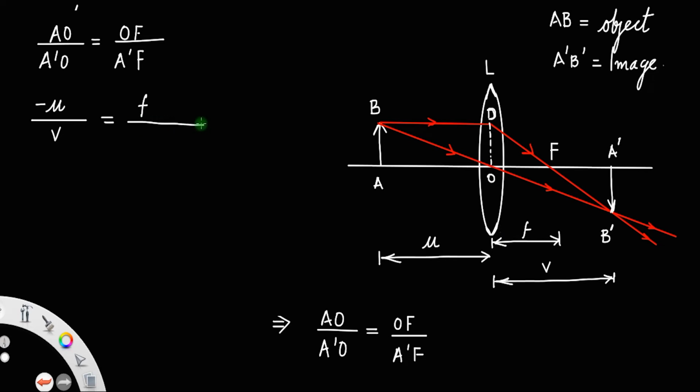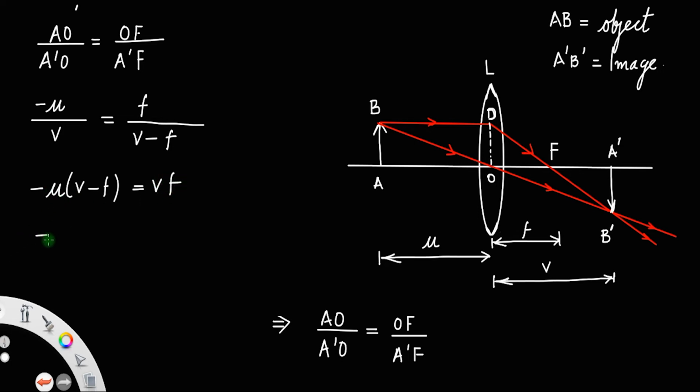What about A dash F? Look here. It's actually V minus F, or the distance OA dash minus OF. So it is equal to V minus F. Now let's cross multiply these things. So minus U into V minus F is equal to Vf.